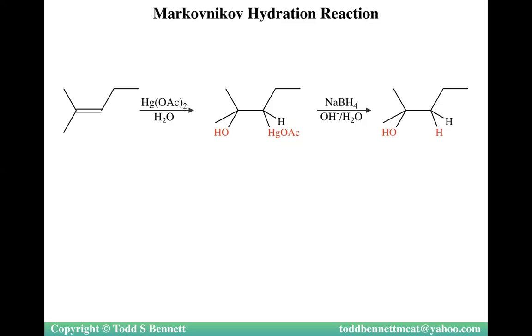And this compound right here, Hg is in a +2 oxidation state. One of the OAcs will come off and it just becomes a positive. And so what will happen is instead of attacking an H plus, it's going to attack a mercury with a plus charge. So mercury with only one acetate. Notice there's two here, now there's only one.